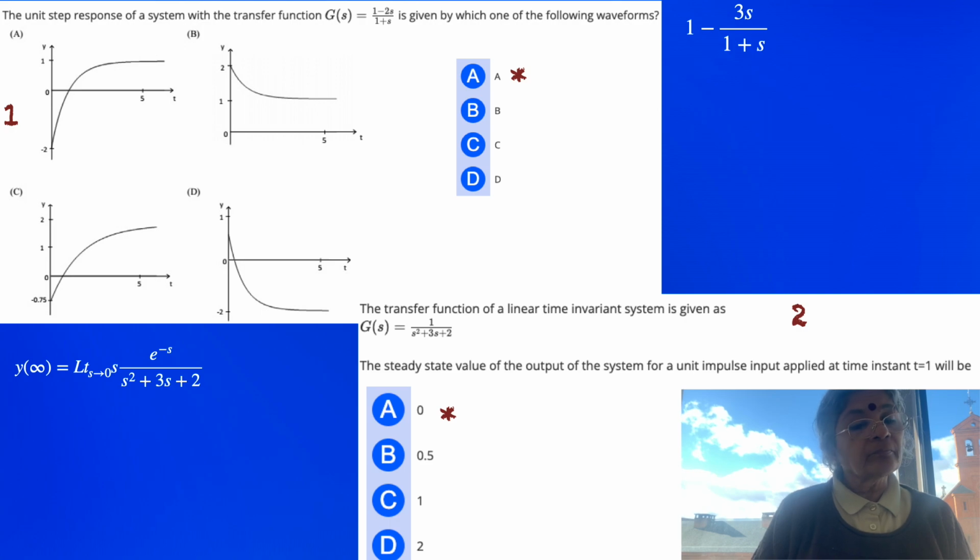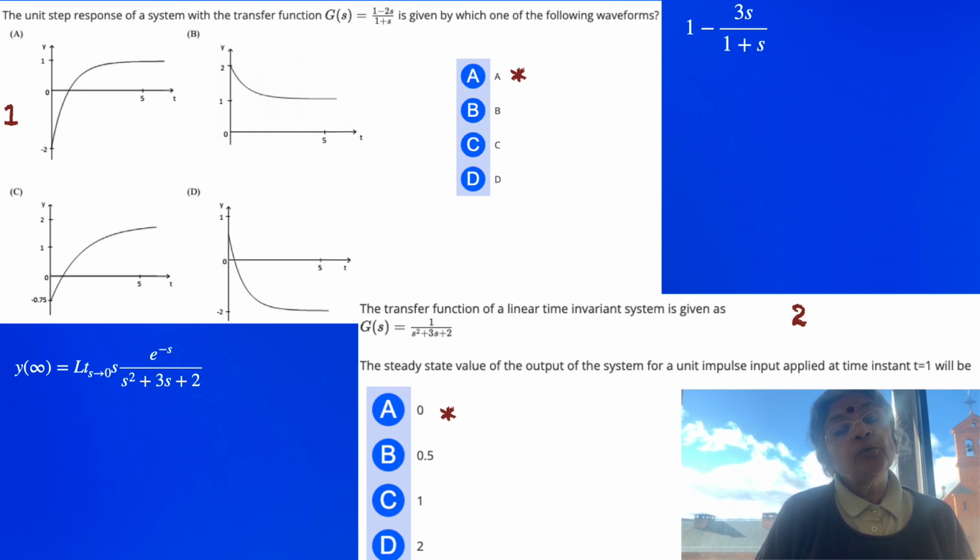C is again a build up, but then it starts at -0.75. And D starts at +0.5 also. It's a decay again. A and C happen to be building up, while B and D talk about a decaying kind of exponentials, for the response.